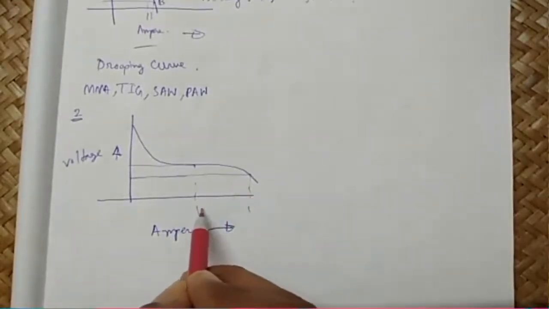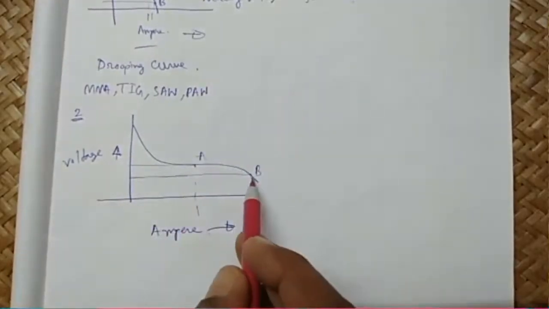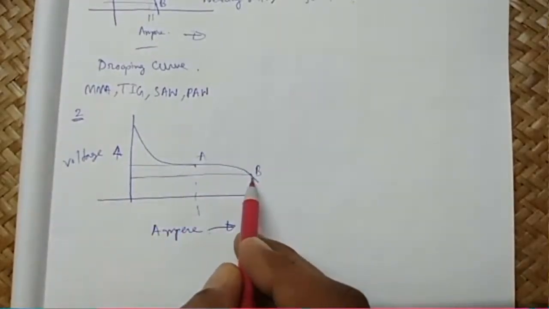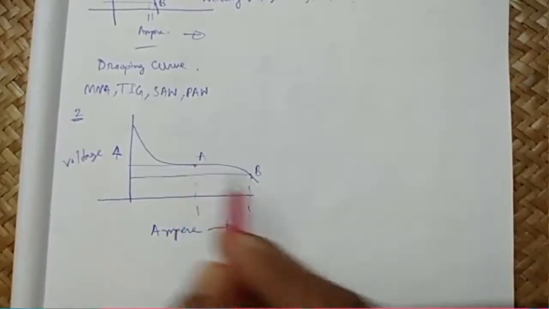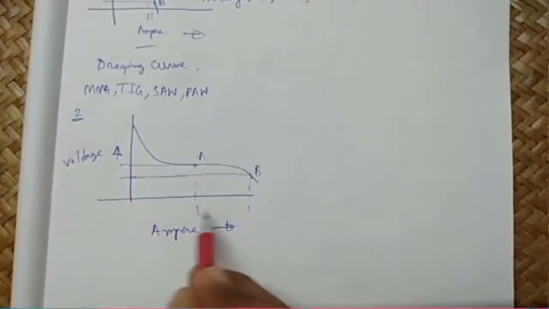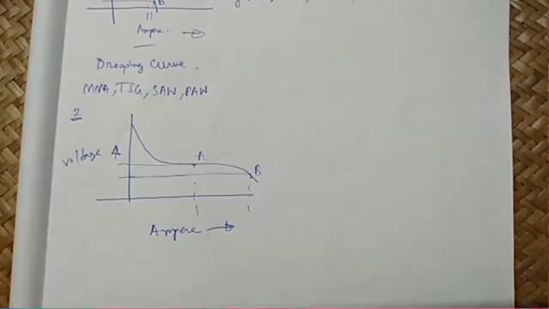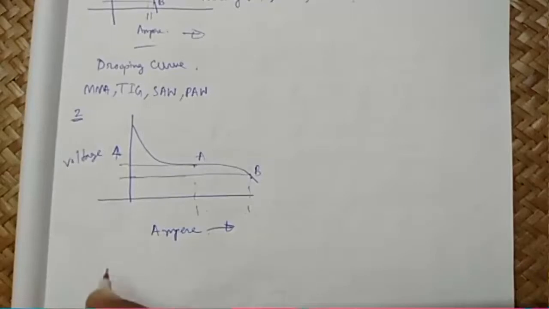So this is the same scenario where we are changing from a shorter gap to a longer gap. As a result, you see the change in voltage is very small, but the current has changed a lot. So this type of characteristics is called flat or constant voltage.